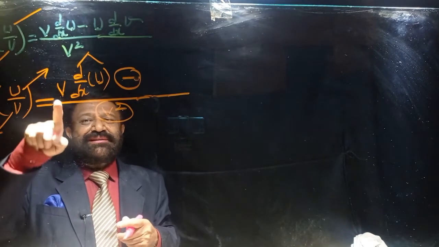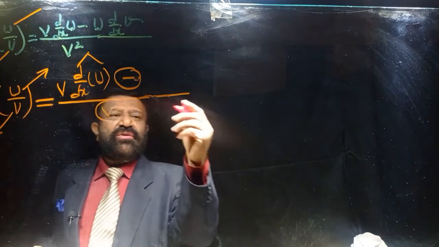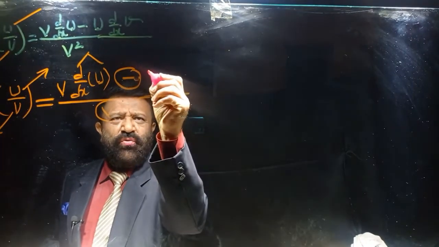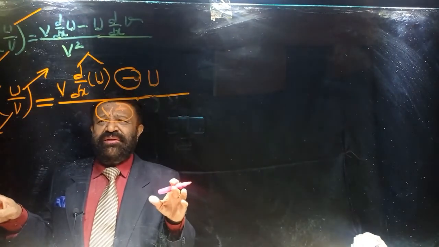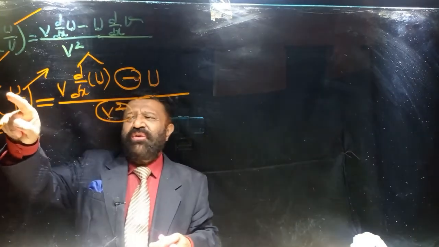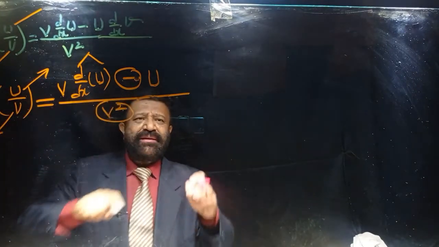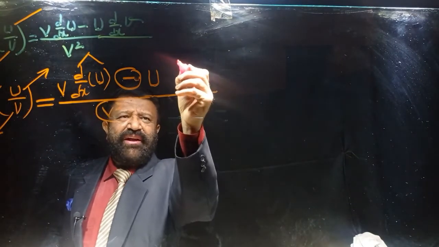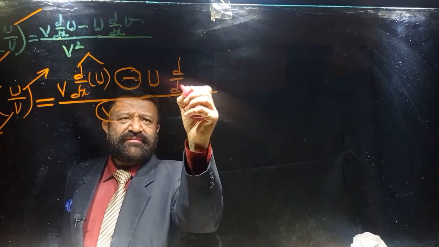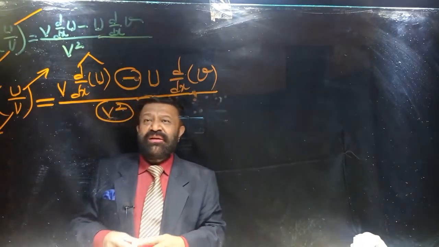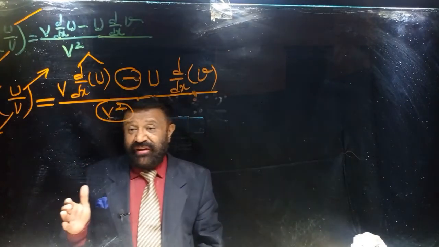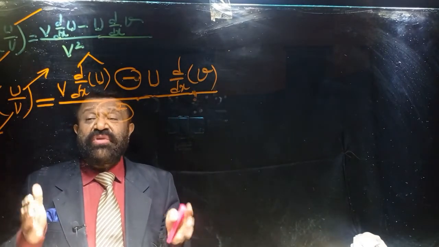Now the term of v starts. So you write only u, no change, whatsoever was written over here, and then take the derivative of v, and that's all.